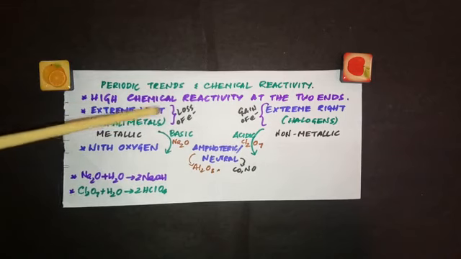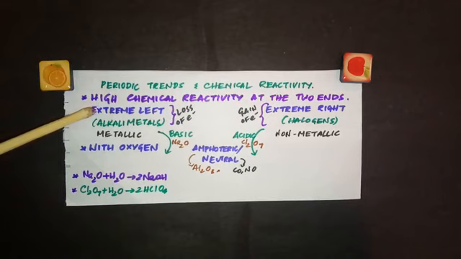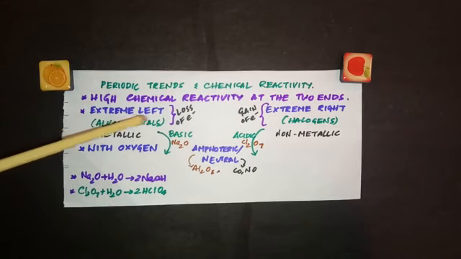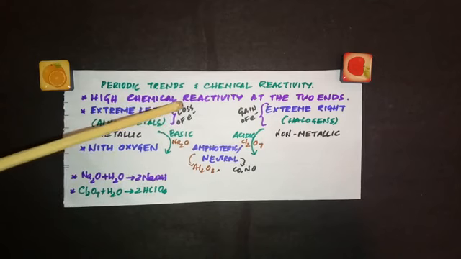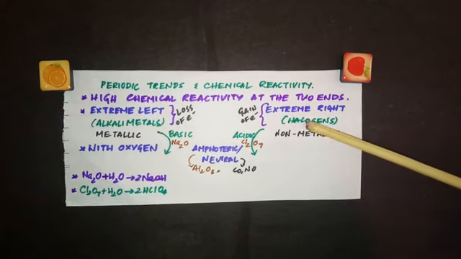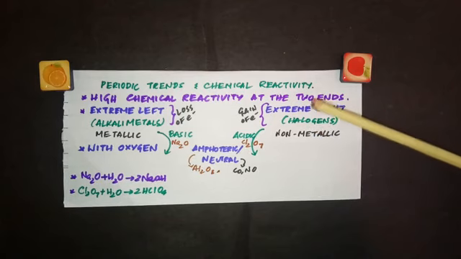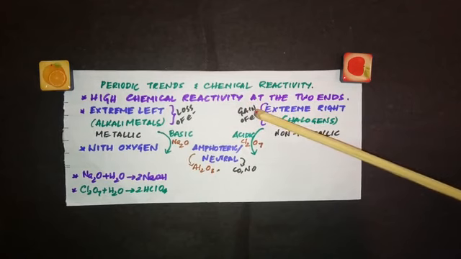See, I've told you high chemical reactivity at the two ends of the periodic table. Extreme left we have alkali metals, and they have more chemical reactivity because of their tendency to lose electrons. And at extreme right, where we talk about halogens, they have high chemical reactivity due to their ability to gain electrons.